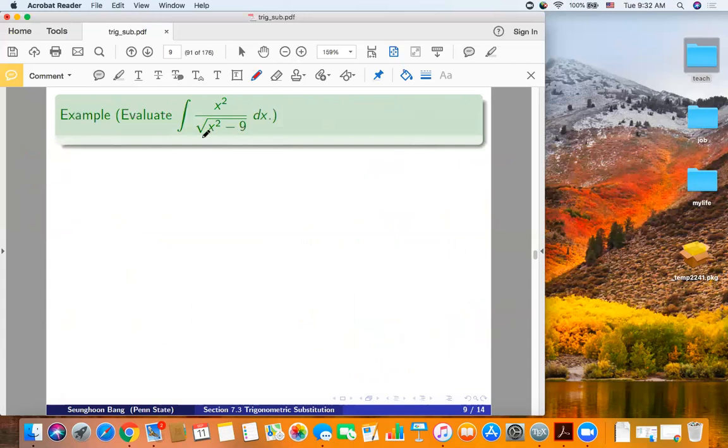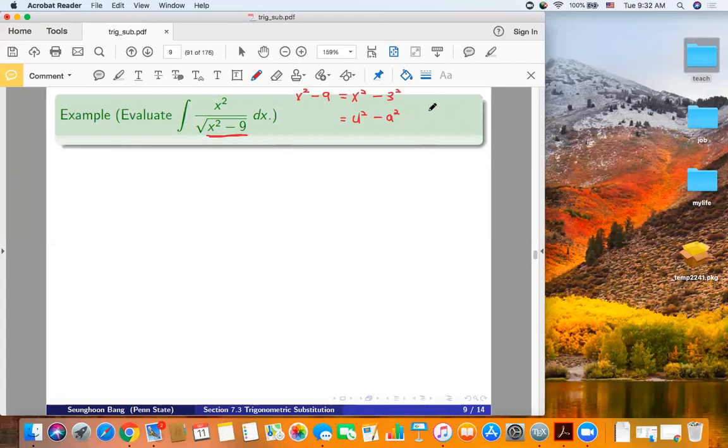So let me see. We have the expression x squared minus 9. You can compare: this is the same as x squared minus 3 squared. The previous one had the form u squared minus a squared.